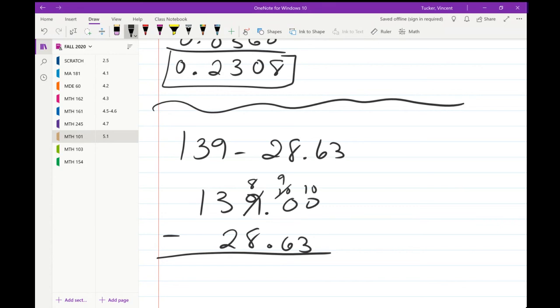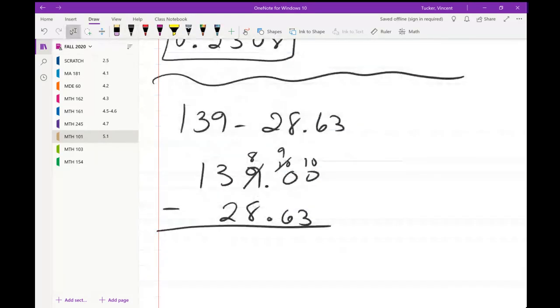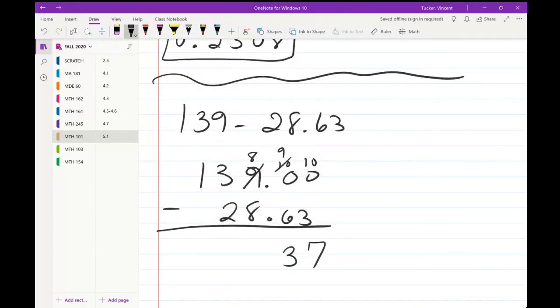And once again, 1 in the previous place value represents 10 to the one that follows it. And so that'll be 10 there. So 10 minus 3 is 7. 9 minus 6 is 3. Put your decimal. 8 minus 8 is 0. 3 minus 2 is 1. And bring down the other one.